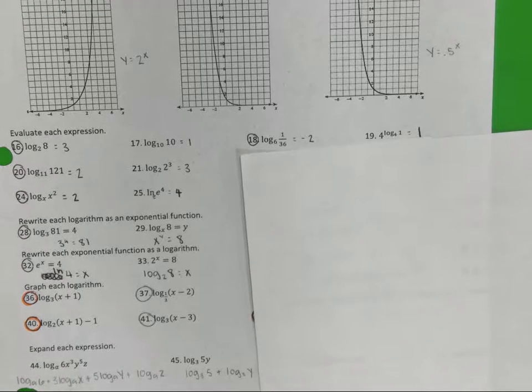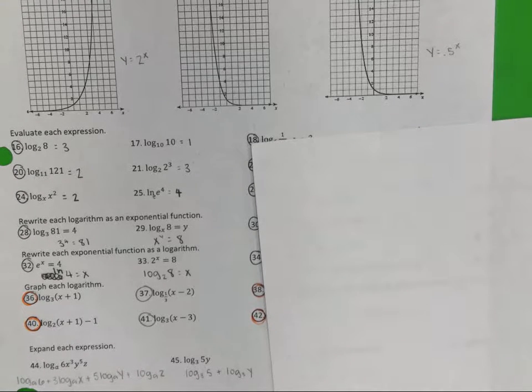Okay, do y'all see log base 3 of 5 plus log base 3 of y? That's good, correct. Good job. All right, 46. It's log base 3 of 5 plus log base 3 of y.